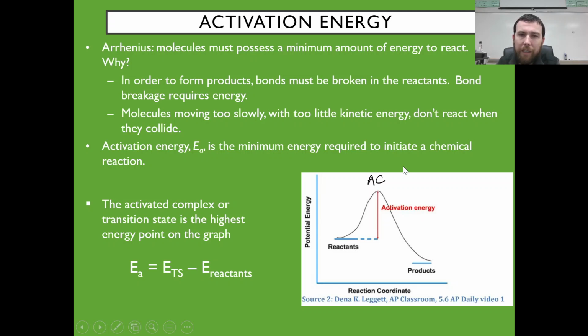The energy of the activated complex, or transition state, goes from the peak all the way to the bottom of the reaction coordinate. The energy of your reactants goes from this point here all the way to the bottom of the reaction coordinate. So if we wanted to determine the activation energy from a graph like this, we would simply take the energy of the transition state, or activated complex, whichever term you want to use, minus the energy of the reactants.